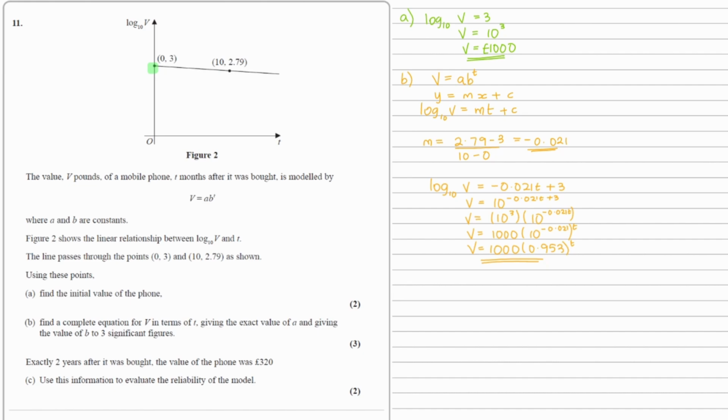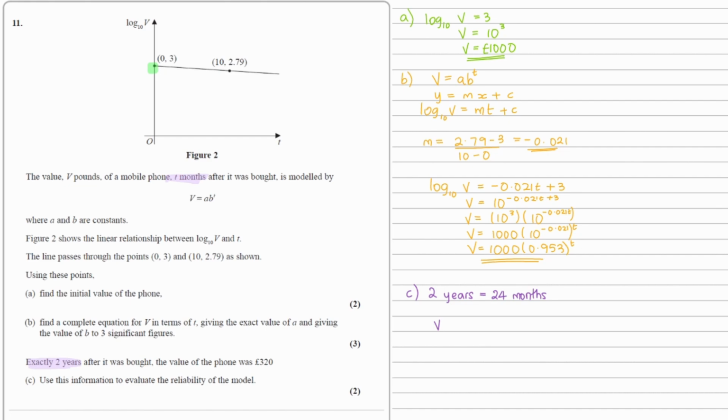The question then says, exactly 2 years after it was bought, the value of the phone was £320. Use this information to evaluate the reliability of the model. Because we've been given the value exactly after 2 years, and the question is giving us t in terms of months, we would therefore have to convert the 2 years into months, which would equate to 24 months.